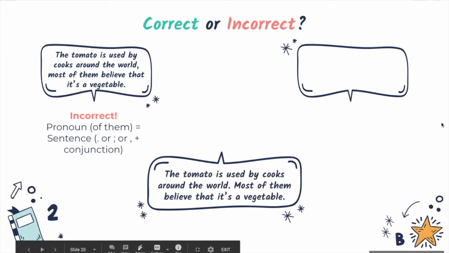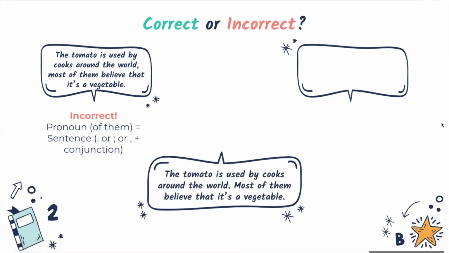Okay, and now I have this example: the tomato is used by cooks around the world, period. Most of them believe that it's a vegetable. This one actually is correct because we have, again, the pronoun of them here, and that indicates that it will be a separate sentence, an independent clause, and the example correctly includes a period right before most of them, so that's why it's correct.